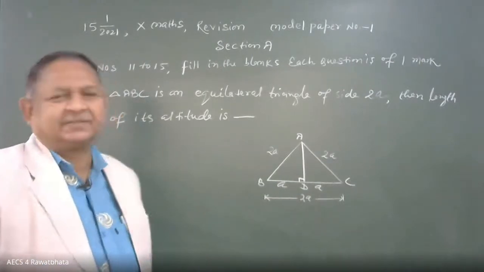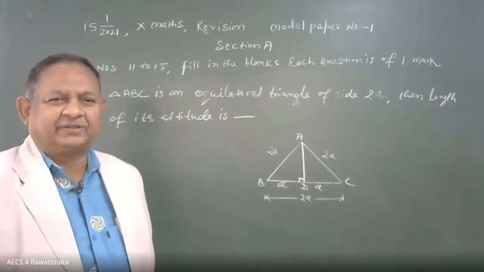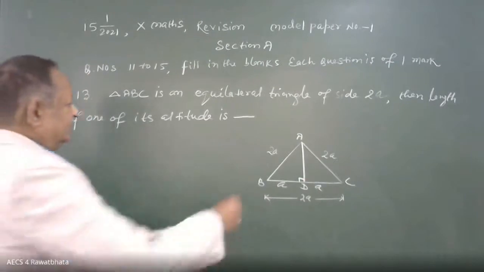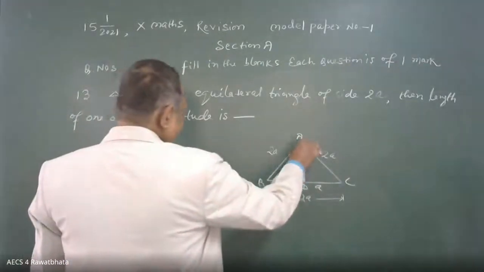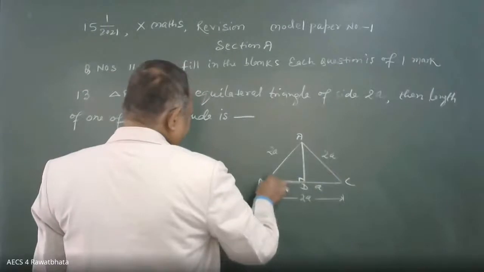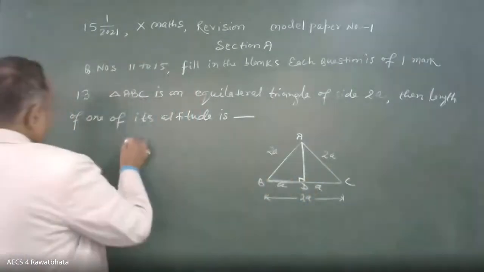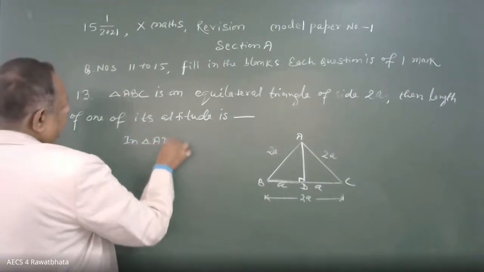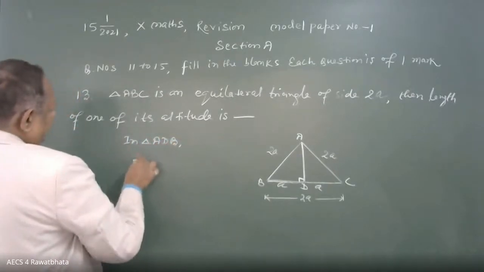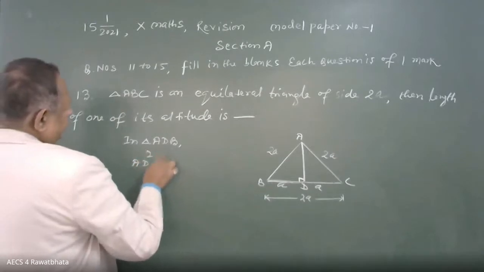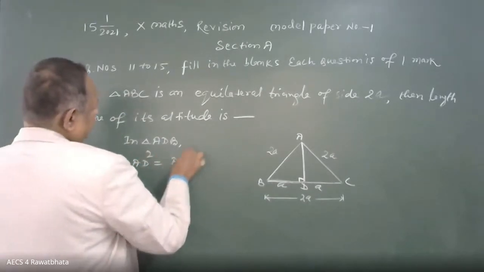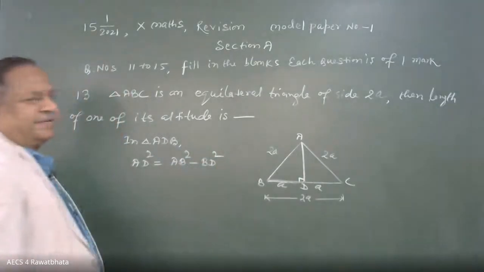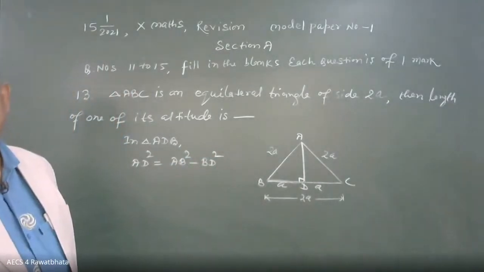So in triangle ADB, by Pythagoras theorem, AD square is AB square minus BD square. This can be written as AB, that is 2a, squared minus a squared.